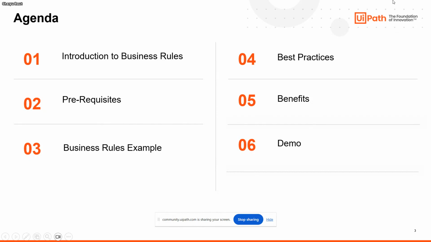Along with that, I will explain the best practices to utilize the business rule feature in an appropriate way, and the benefits of it. Then we will dip in more with a demonstration, wrap up with the summary, and leave some time for Q&A.